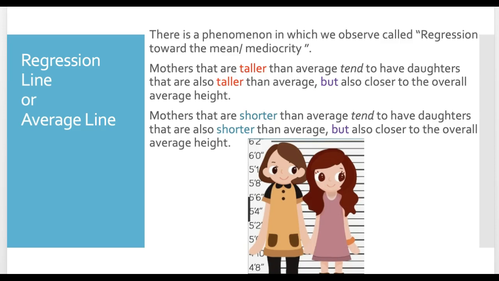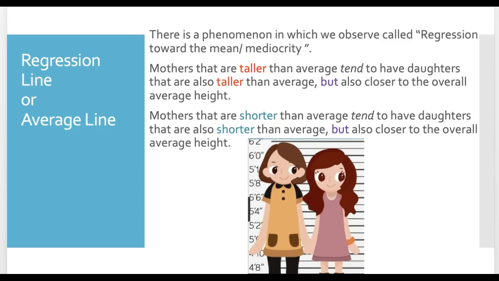Remember in the previous example, the mom was 66 inches, taller than average, and the daughter was 65.56 inches on average. That's still taller than the average, but not taller than the mom. And mothers that are shorter than average tend to have daughters that are also shorter than average, but also closer to the overall average height.